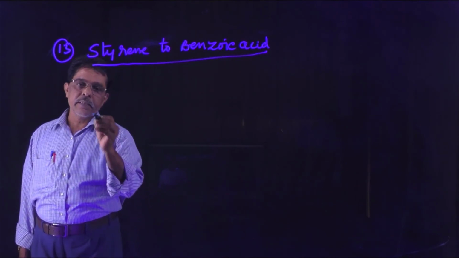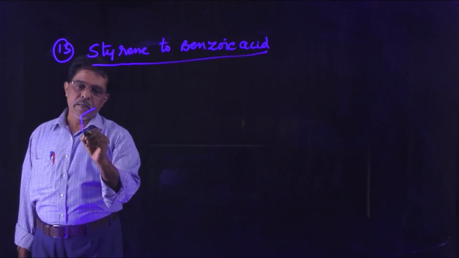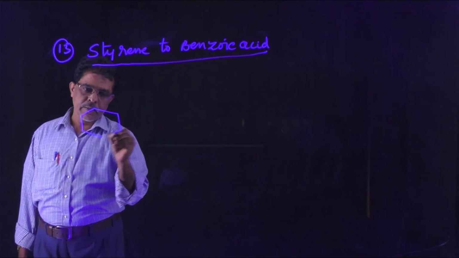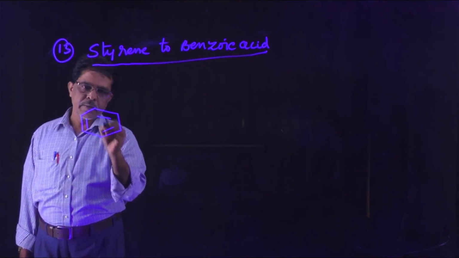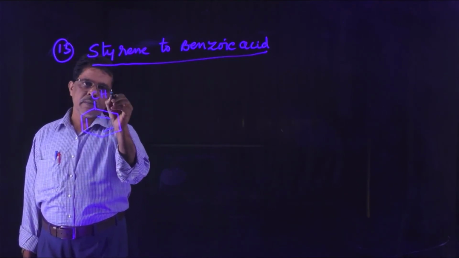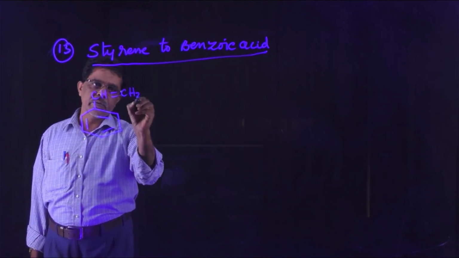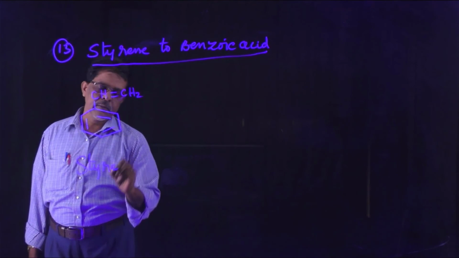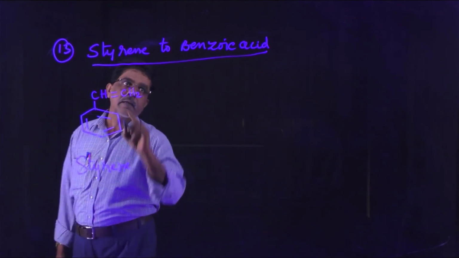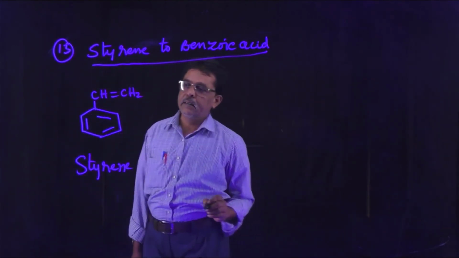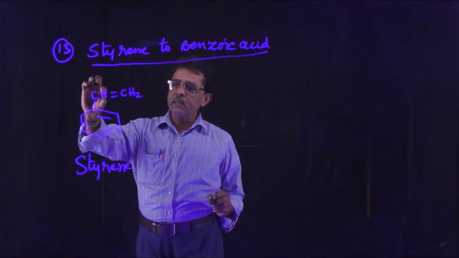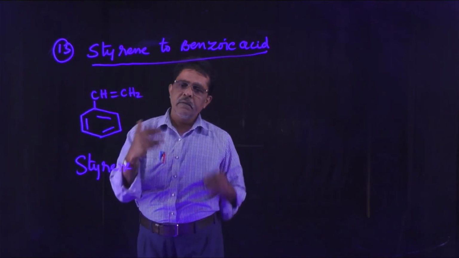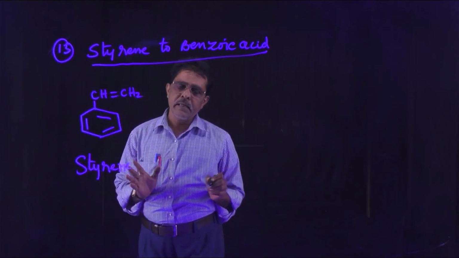You know that styrene formula, vinyl benzene is called styrene. CH double bond CH2, this is your styrene. This styrene is converted into benzoic acid. So for benzoic acid, the longest chain will be broken into a carboxylic acid group.